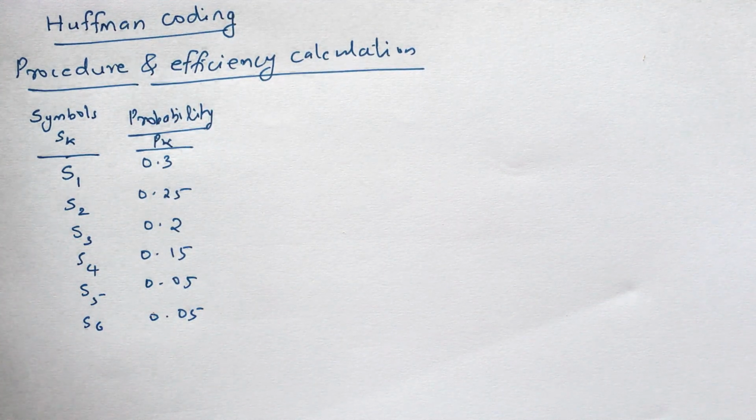Here we have been given 6 symbols, S1, S2, S3, S4, S5 and S6, and their corresponding probabilities 0.3, 0.25, 0.2, 0.15, 0.05, 0.05. The first step for doing Huffman coding is to arrange the symbols in the decreasing order of their probability.